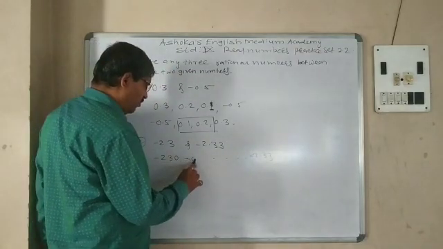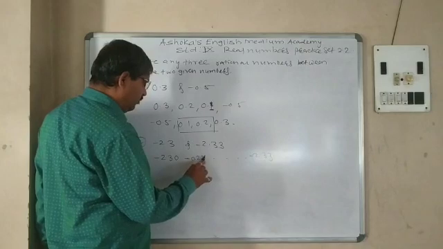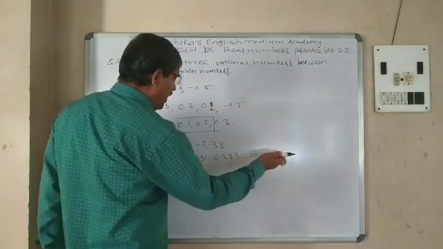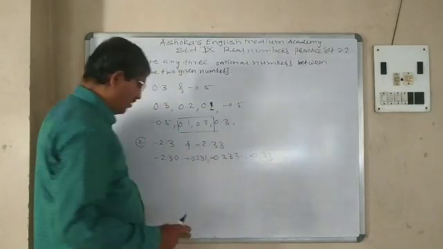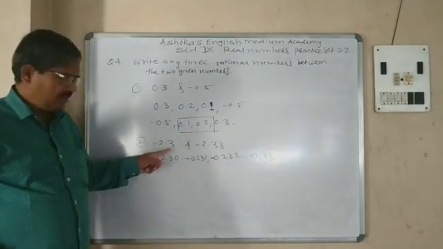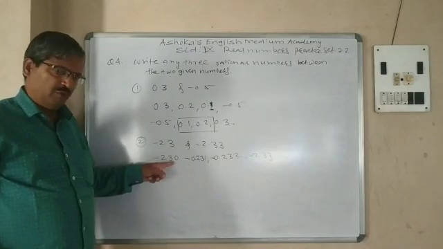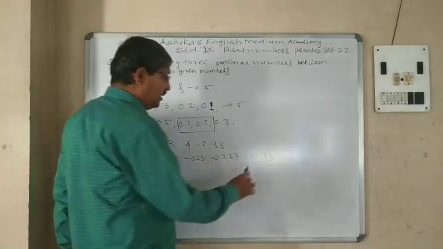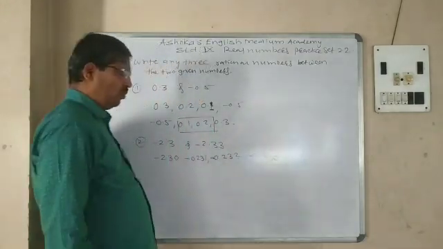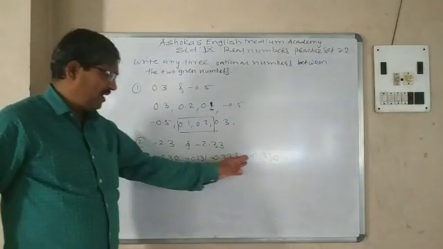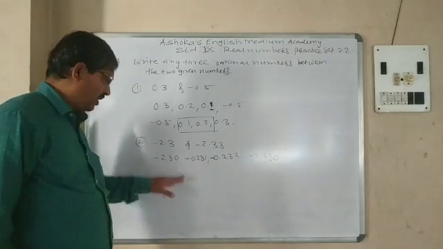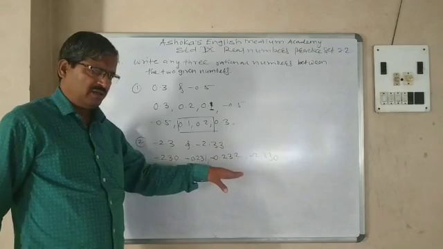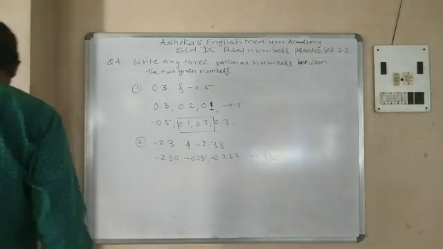Minus 2.31, minus 2.32, and understand what that is? Instead of minus 2.3, we took minus 2.30. Here 2.330. Then you should write the middle numbers. Okay, understand?